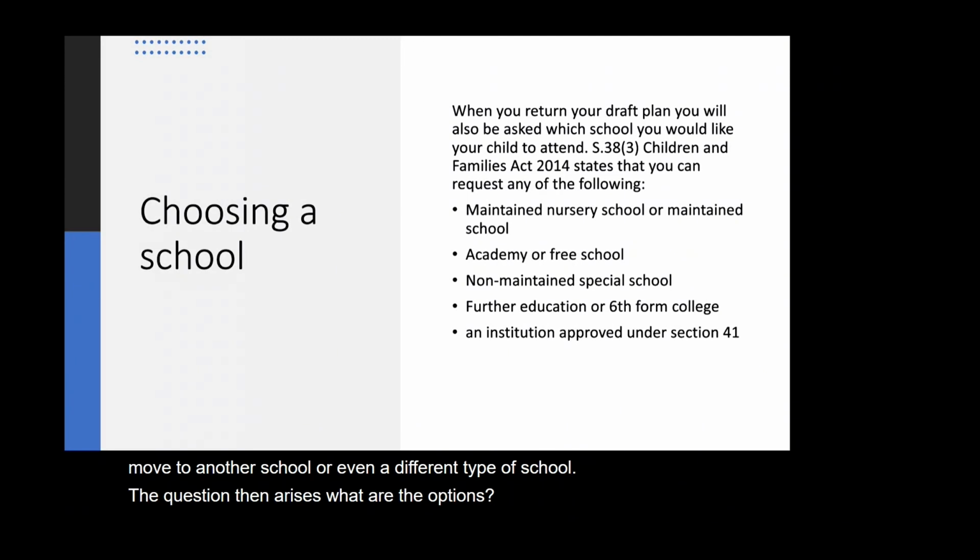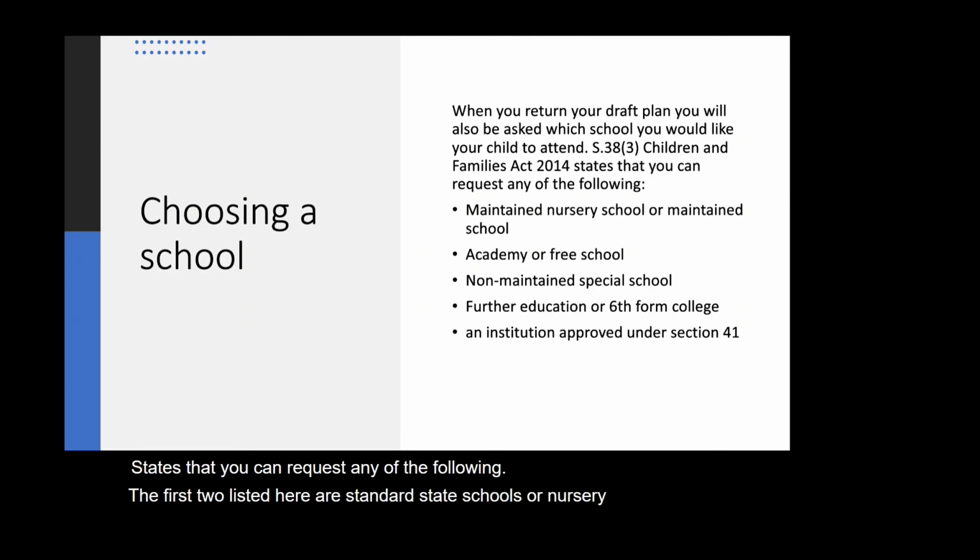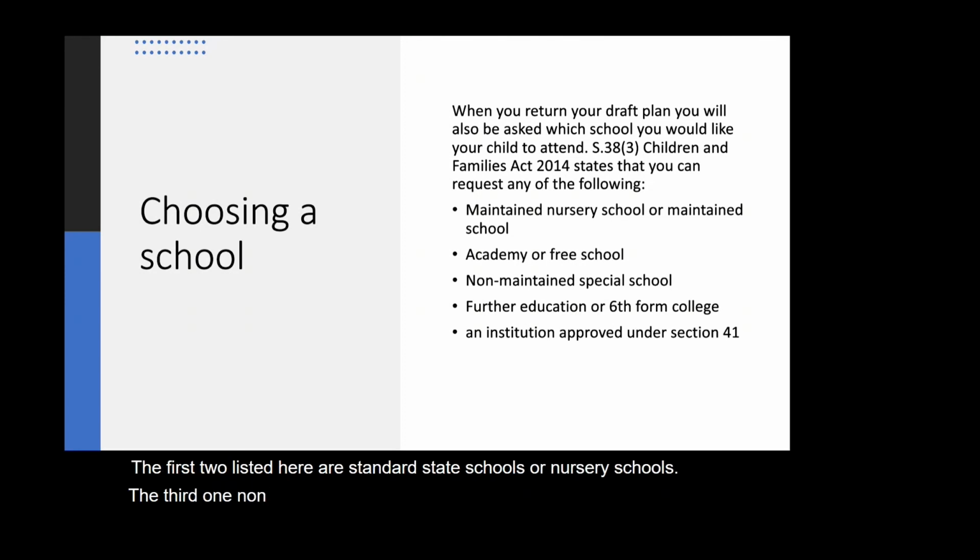So Section 38(3) of the Children and Families Act states that you can request any of the following. The first 2 listed here are standard state schools or nursery schools. The third one, non-maintained special schools, are schools which are not maintained by the state but charge fees on a non-profit basis.